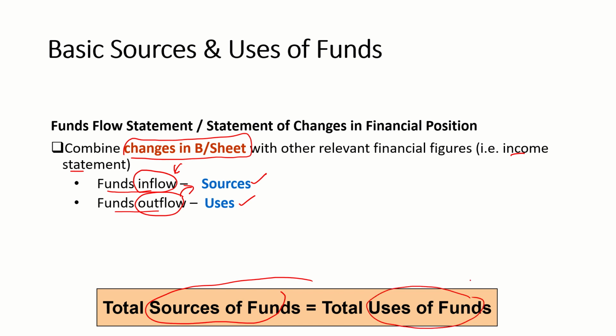Whatever funds come in will be equal to the funds going out. So it will be zero. Sources of fund minus (tolak) uses of fund is equal to zero.